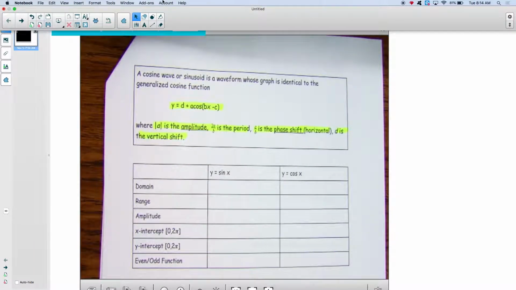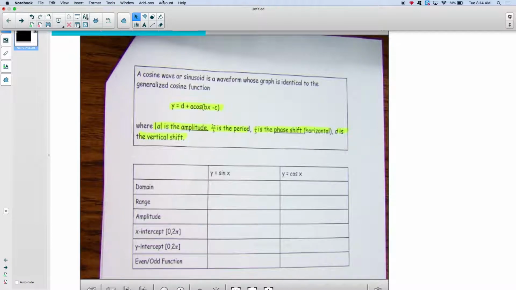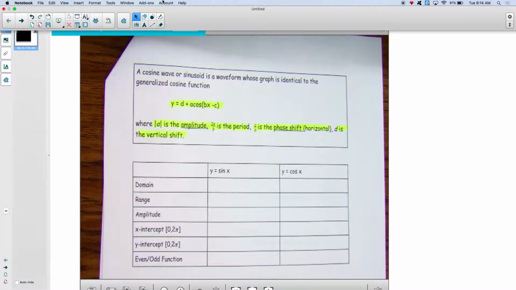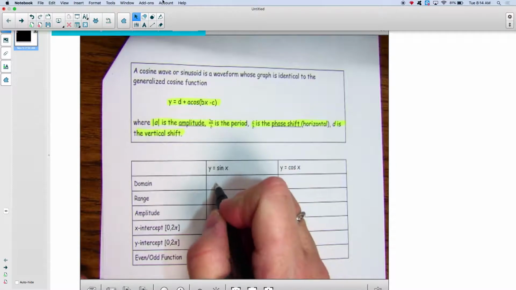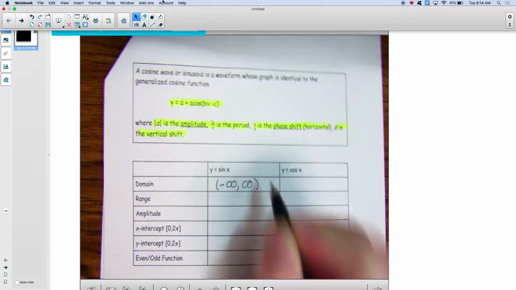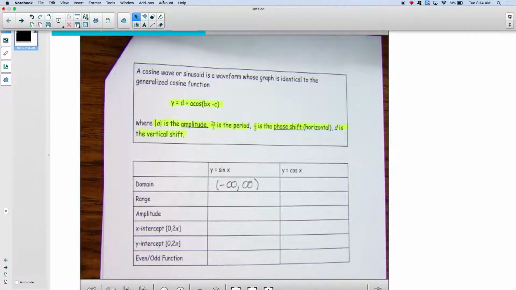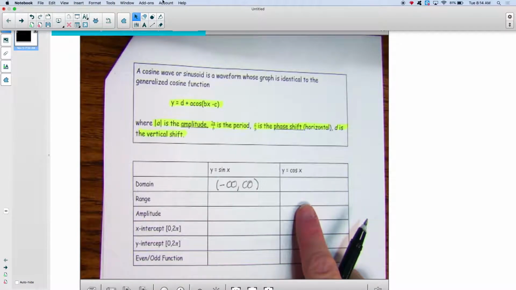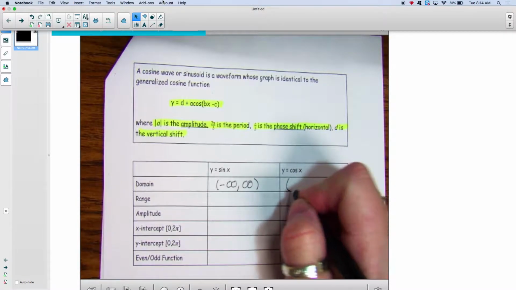All right, so let's look at what's the range. I'm sorry, domain. What's the domain of sine? All real numbers. We're going to write it from negative infinity to infinity. What's the domain of the cosine? All real numbers.